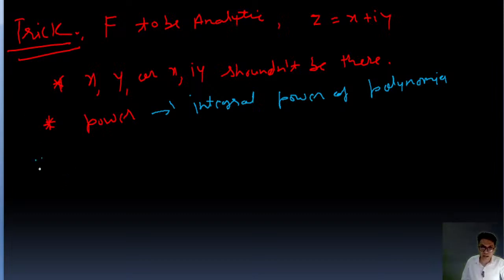And since z equal to x plus iota y, right? So z, and also guys here, very important, z bar shouldn't be there.